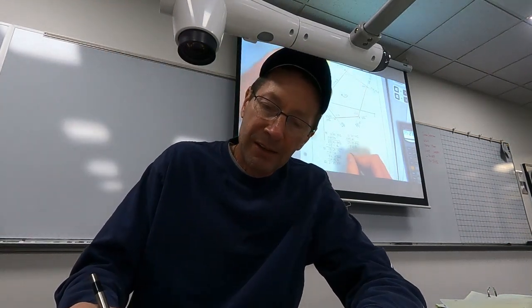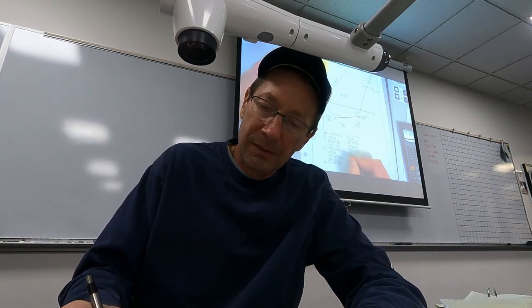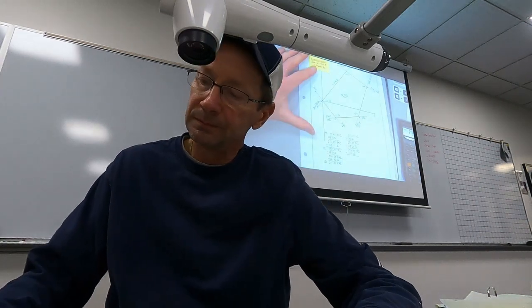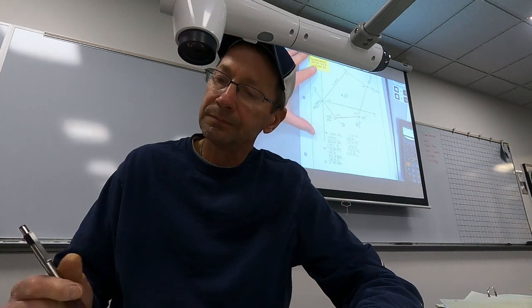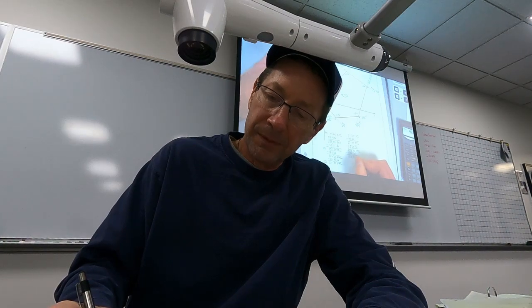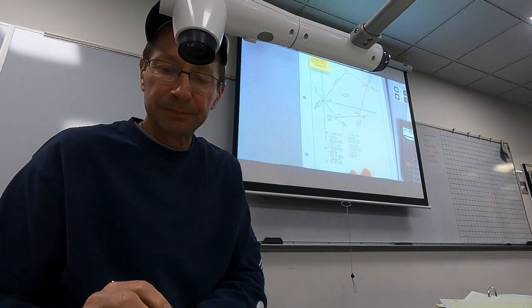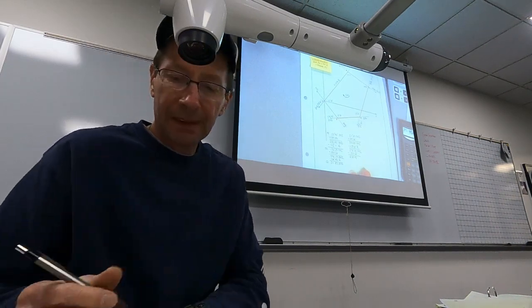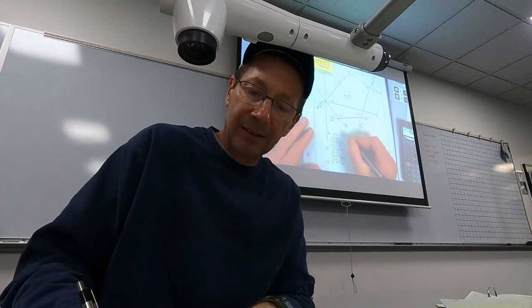So let's add 180. 458.42. And that's what, back azimuth? This is C to D.